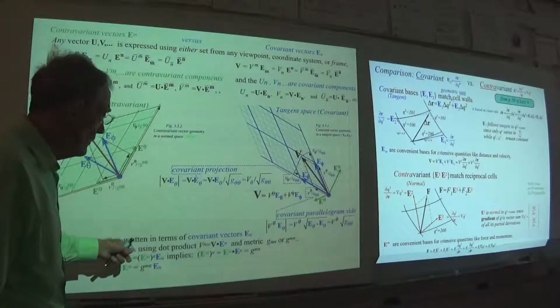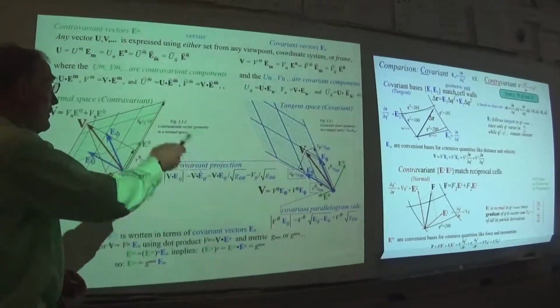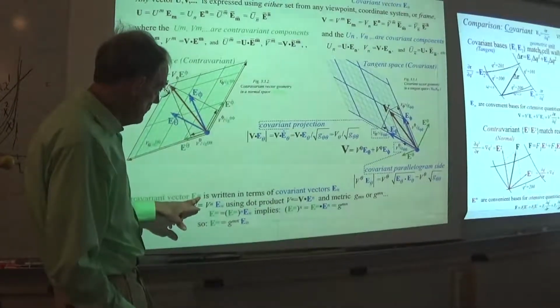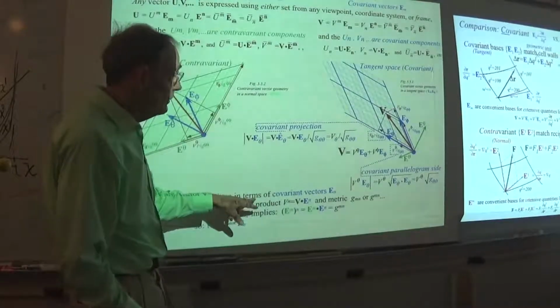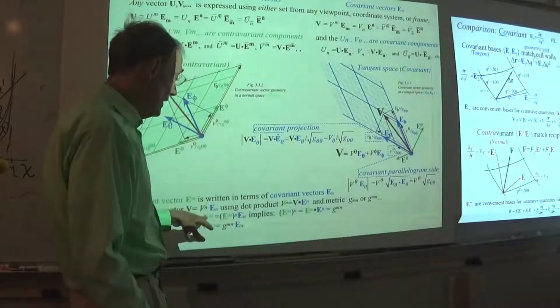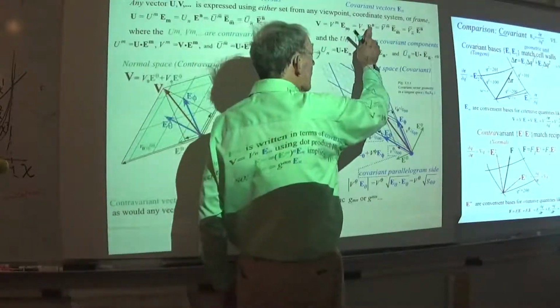The other thing that you may have to do, and this is going from Lagrangian stuff to Hamiltonian stuff, okay, if you want to write a contravariant vector in terms of the covariant vectors for the same coordinate system, this is not a transformation from these guys to these guys.